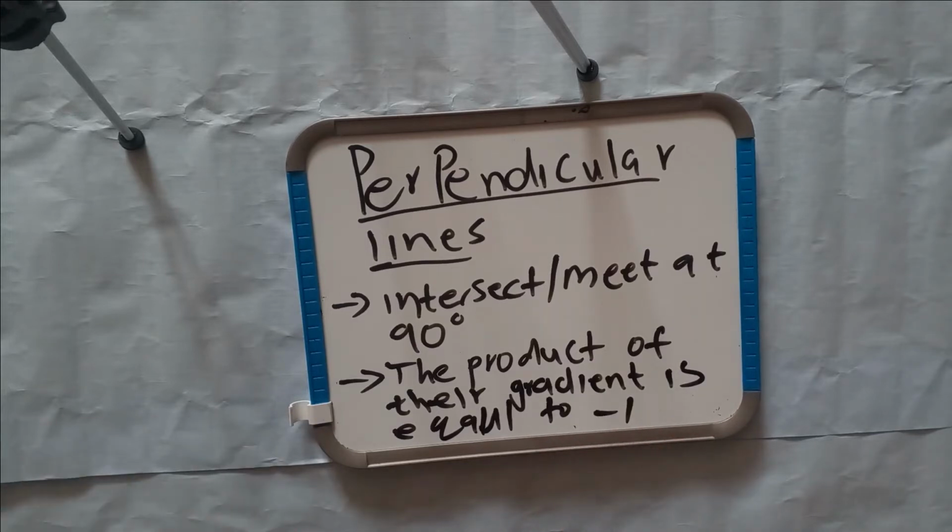These are the two basic things you need to know about perpendicular lines as far as analytical geometry is concerned. First, those are lines that intersect at 90 degrees, and also the product of their gradient is equal to -1.